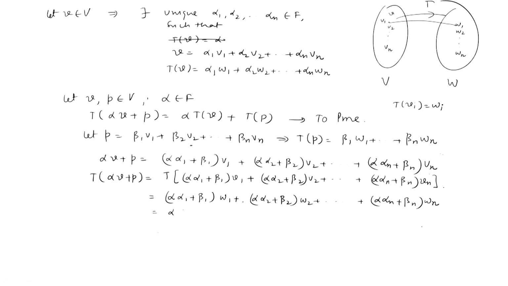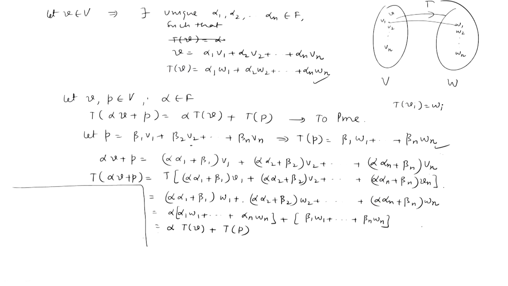So, it is alpha 1 W 1 and so on up to alpha n W n, plus beta 1 W 1 and so on up to beta n W n, which is equal to alpha times T of V plus T of P, from here and from here. So, we have shown that T of alpha V plus P is equal to this, which means this is a linear map. The next thing is to show that this linear map is unique.